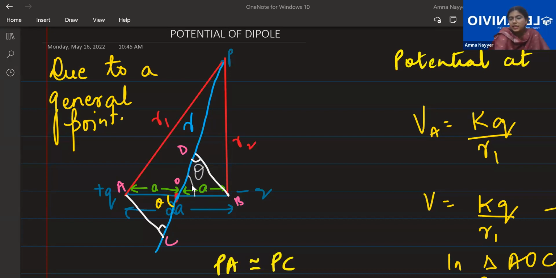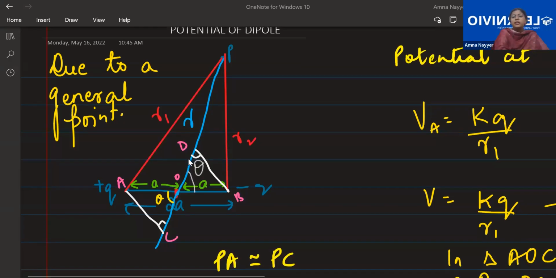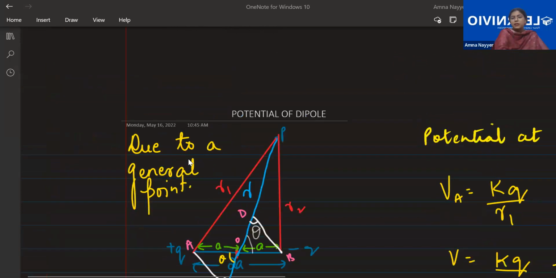Remember, cos theta is the base OD divided by hypotenuse A. Now, PD and PB are almost equal, so PB can be written as PO minus OD. It means R2 can be written as R minus A cos theta. So till here, we did the construction part.